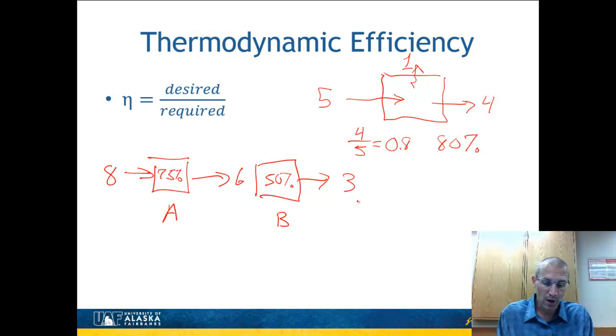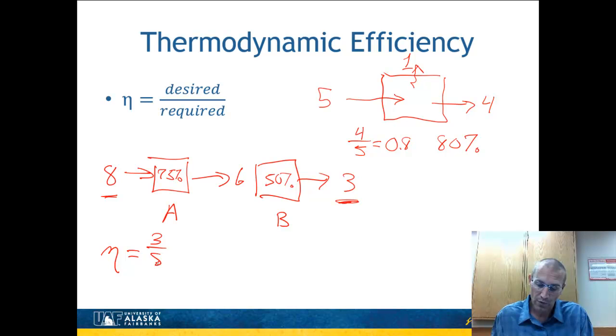So if I look at my overall efficiency of what I get out versus what I put in, my overall efficiency is 3 over 8, which is about 37.5%. Now, I could have calculated this another way.